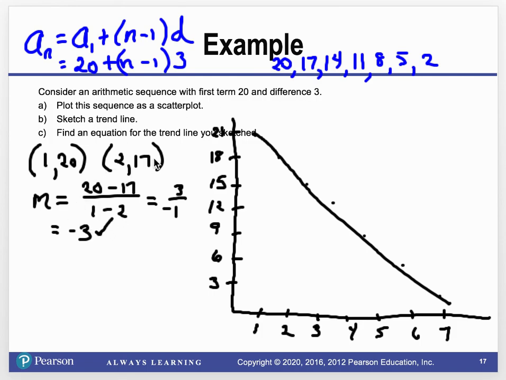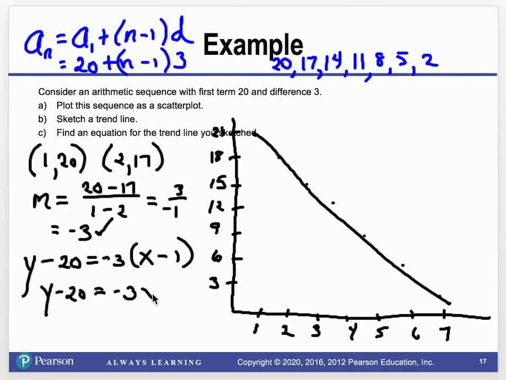But again, what if you're just given some data points? You can take 2 points, find the slope of the line, and then plug into that formula we were just talking about. y minus my y coordinate equals m times x minus my x coordinate. Let's just use this first point. I can use either one. So distribute that -3 over there.